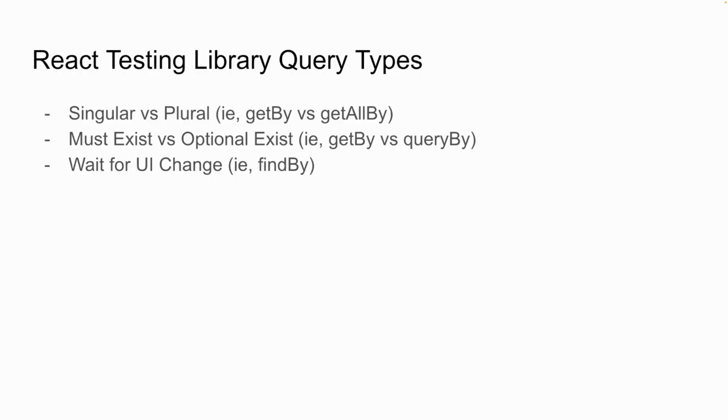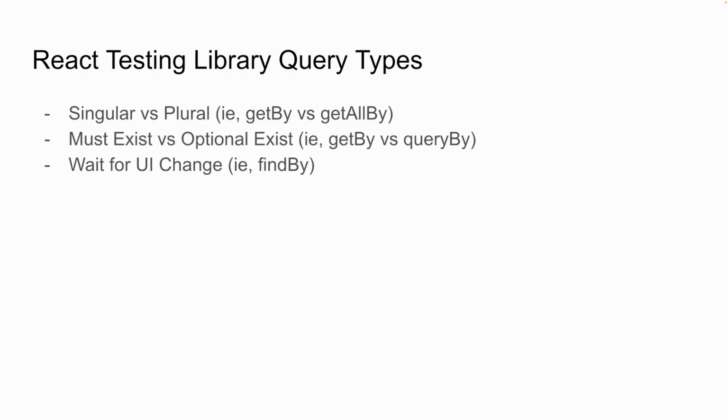Great. Anyway, so RTL supports a variety of query types. A query type is just a modifier on the selection that occurs. You're still querying based on the selector, one of the selectors that we just covered. However, how that selection happens is what changes.